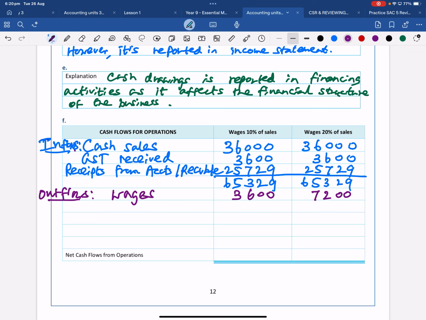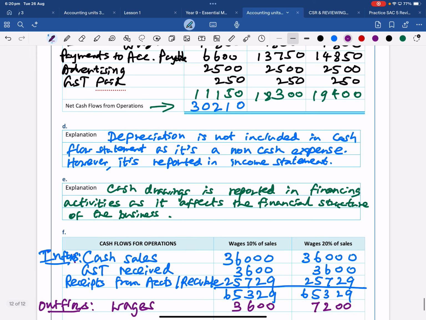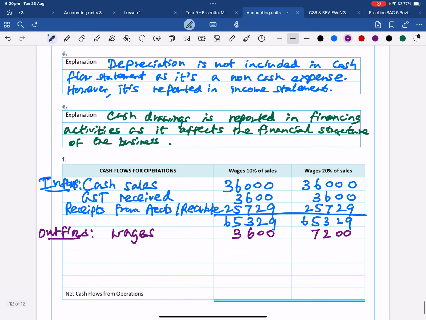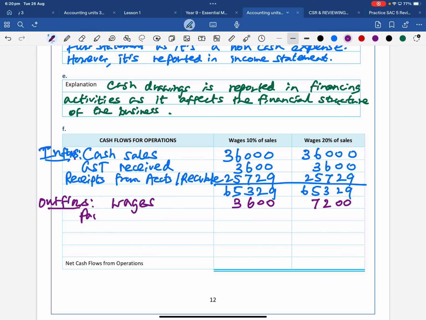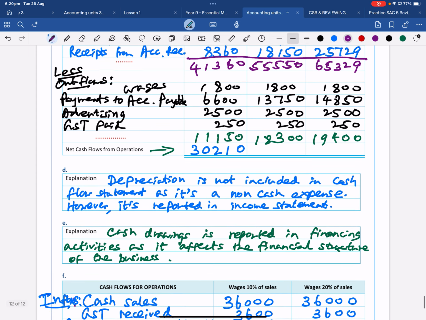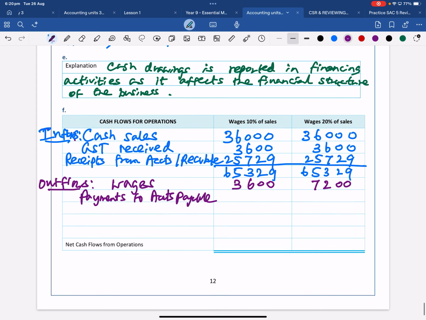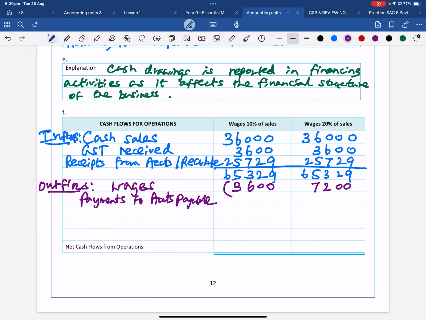The next one, guys, same thing, payments to accounts payable, is 14,850. Please put the payments within brackets.